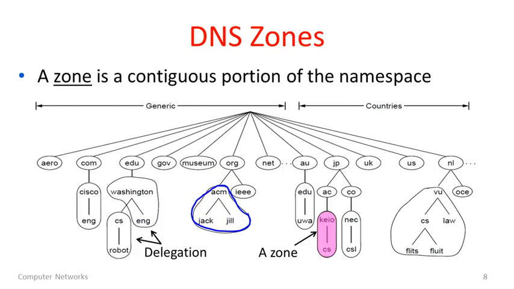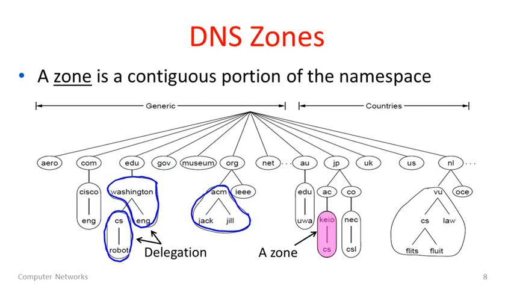Here's another example. In Washington, just for the picture here, we might have everything under Washington and the Washington domain and the eng.washington.edu domain, but not the cs.washington.edu domain, which would be handled by someone else. So what this really means is that CS has been delegated from Washington to a different zone, and CS is in this zone, with the robot.